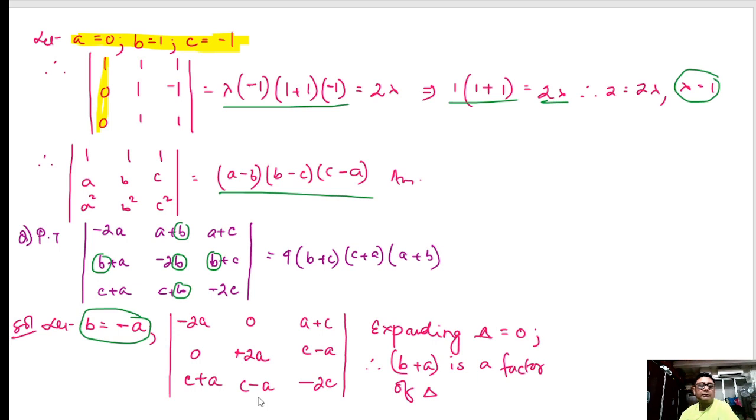Clear? We got this. And if we expand through any row or column, we see that the determinant's value is coming 0. And when the determinant value comes 0, that means B plus A should be a factor. Because B equals minus A, so B plus A is a factor.